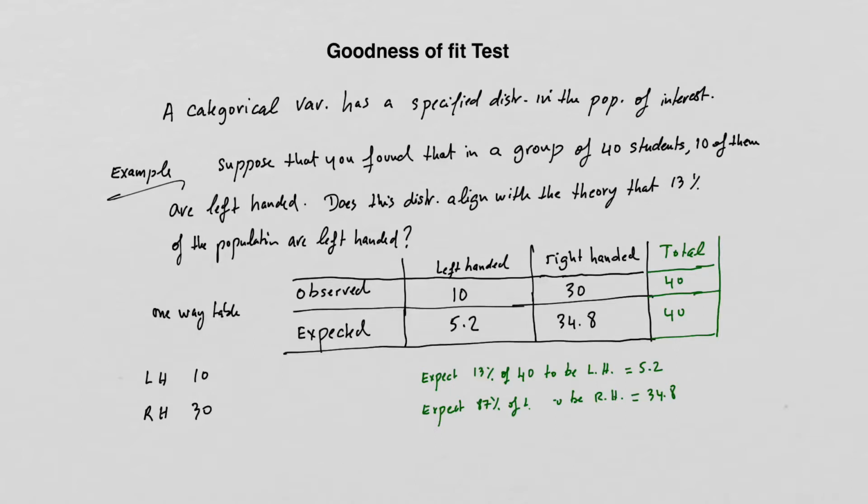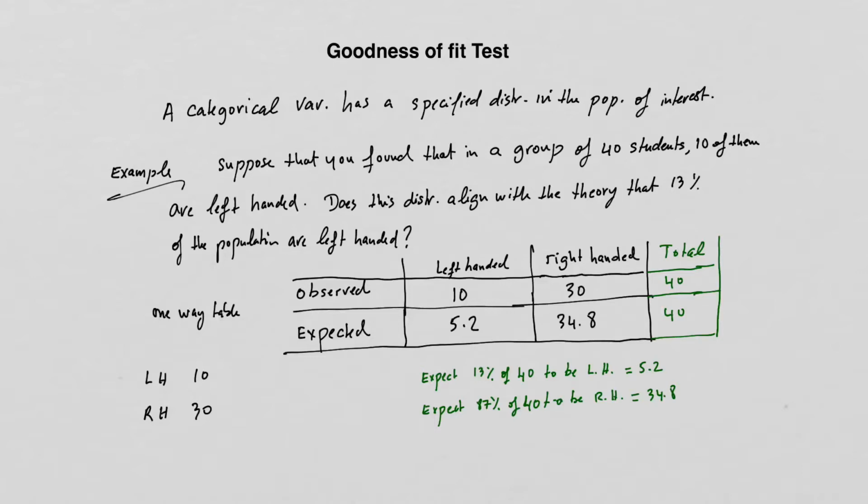So how do you find, if this theory that 13% of the population are left-handed is correct, what do you expect out of 40 people? Well, we expect 13% of them to be left-handed. 0.13 times 40 gave me 5.2. And of course, you expect 87% of 40 to be right-handed.